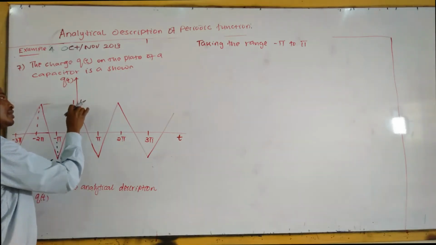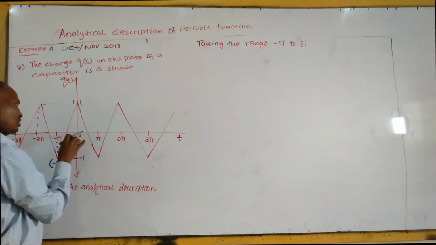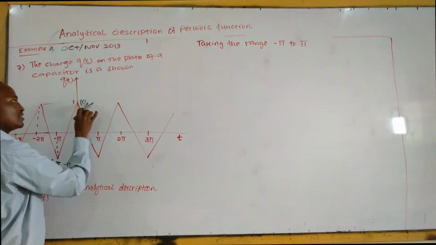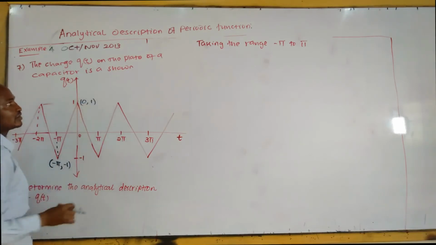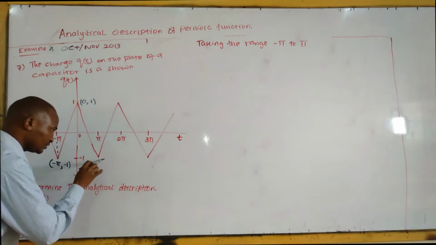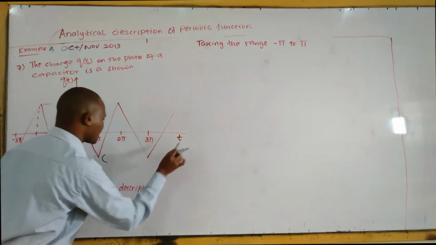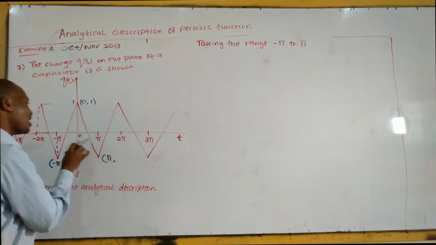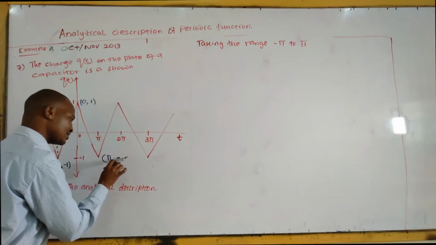Here, the value of the independent axis is 0, and the value of the dependent axis is 1. At this point, the value of the independent axis is pi, and the value of the dependent axis is 0.